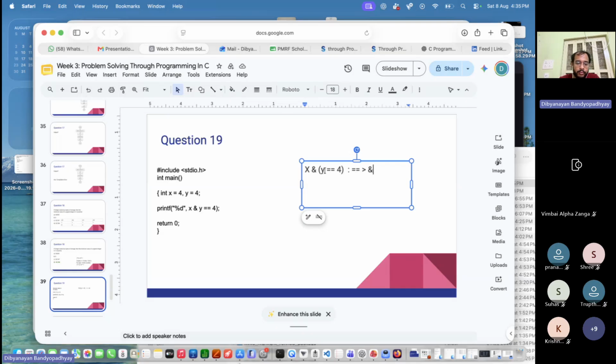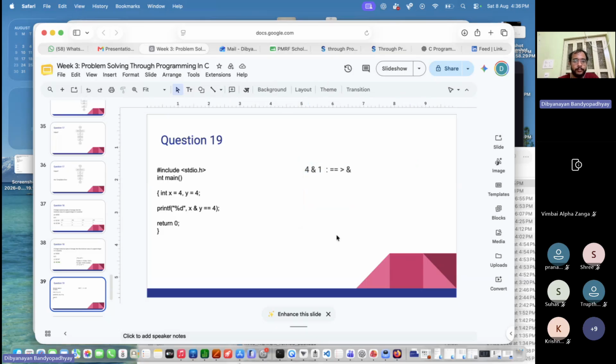So 4 equal to 4. If you place the value of y, which is 4, here, the whole expression evaluates to true. Correct? True means 1. So now we have two things: x and 1. What is x? x is basically 4. So now you have 4 and 1. What is and actually? It is not logical and. This is bitwise AND operation. So you have to convert 4 into binary and also convert 1 into binary.